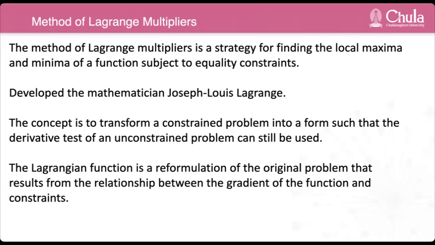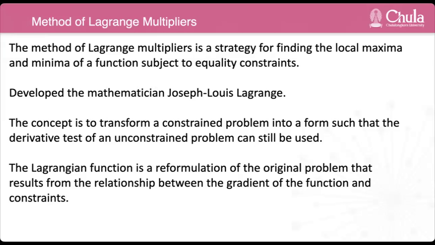A bit about history: it was developed by a mathematician, of course. The concept is to transform a constraint problem into a form such that the derivative test of an unconstrained problem can still be used. What does it mean? It's very simple.